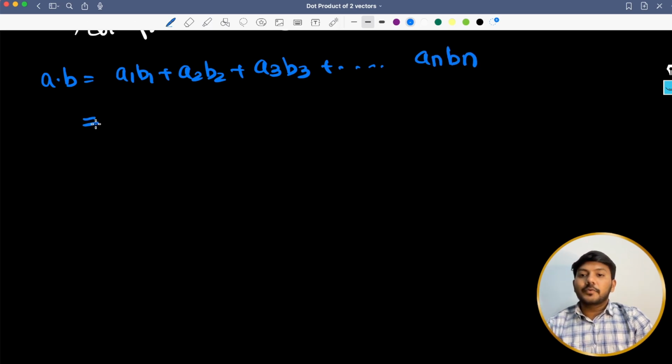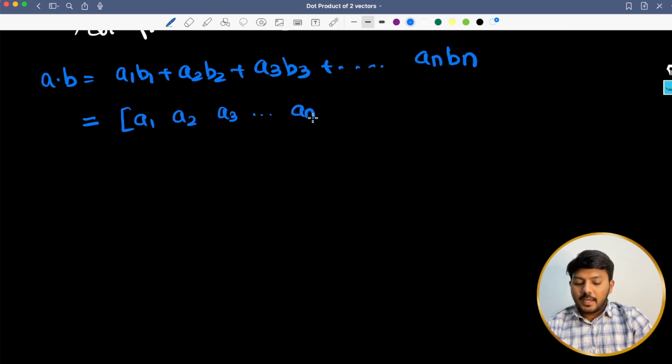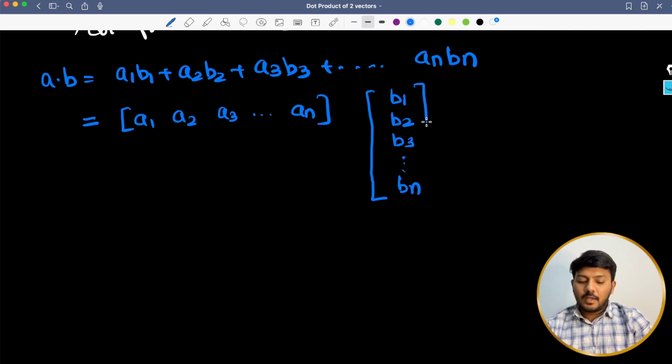Now I will convert this into like this: A1, A2, A3 up until AN, and I will have one more matrix which is B1, B2, B3 up until Bn. Just hold on for a minute, I will explain all of these things in detail. So this is of shape n cross 1 and this is of shape 1 cross n.